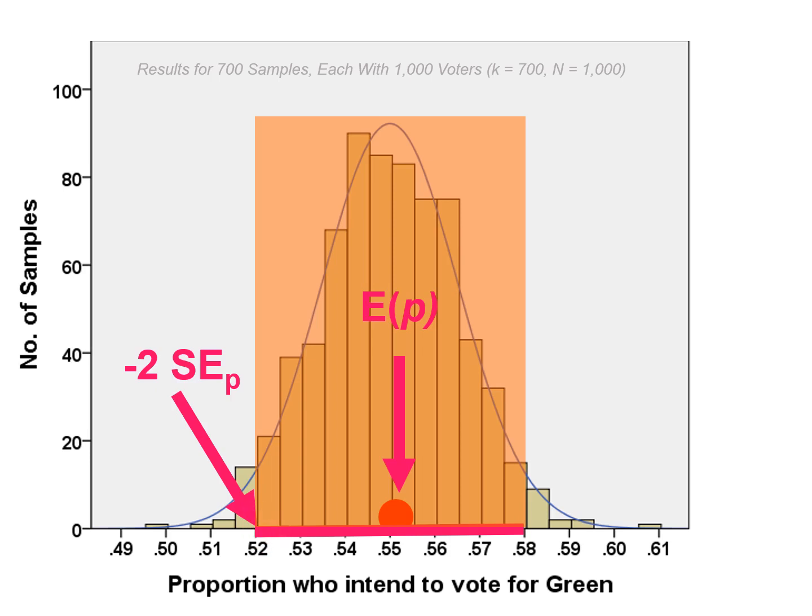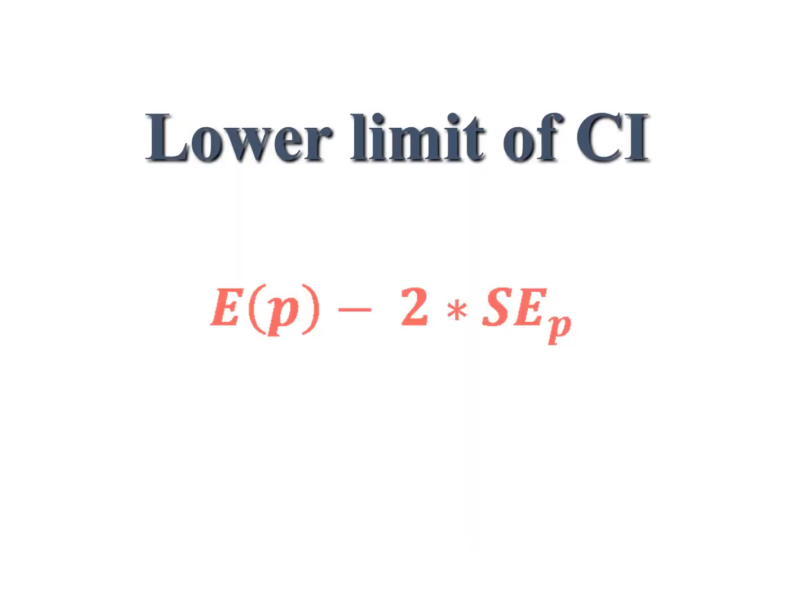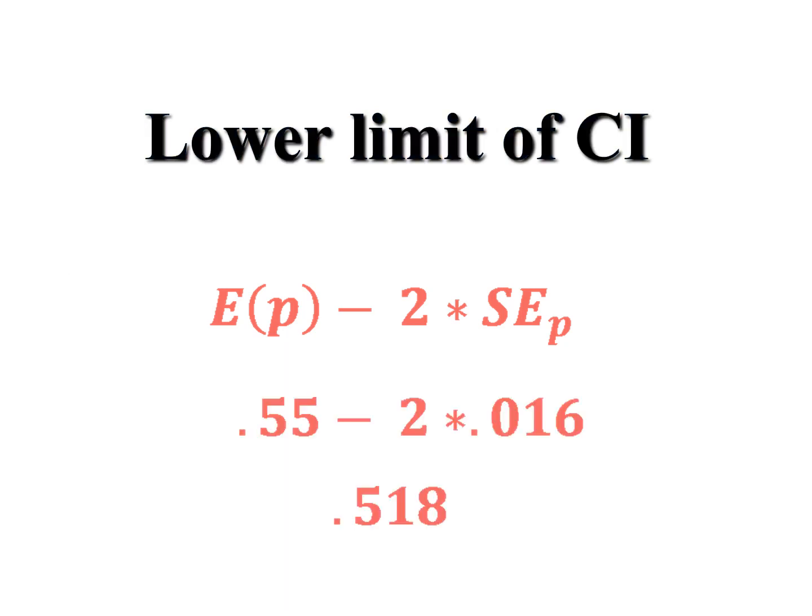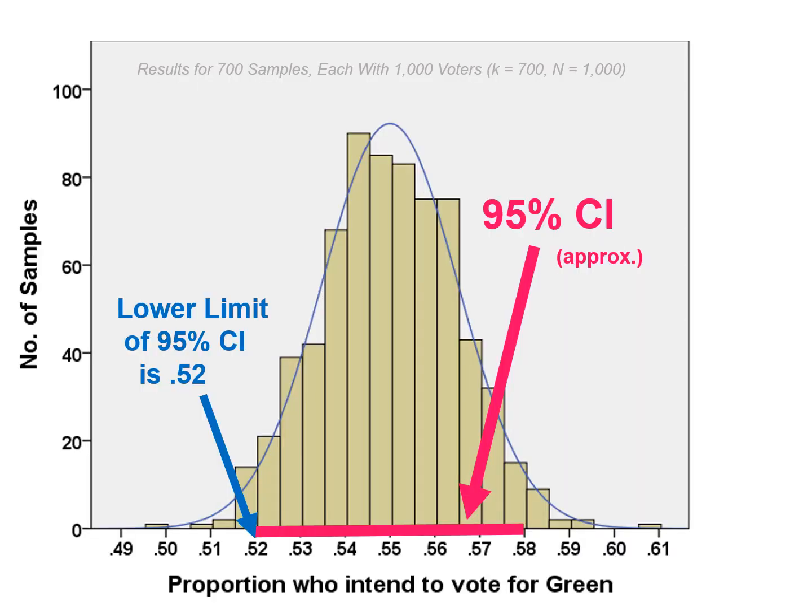So we take our formula and plug in our values, and we find that the lower limit is 0.518. When we estimated the lower limit, we found that it was close to 0.52, so we weren't that off compared to the actual value.